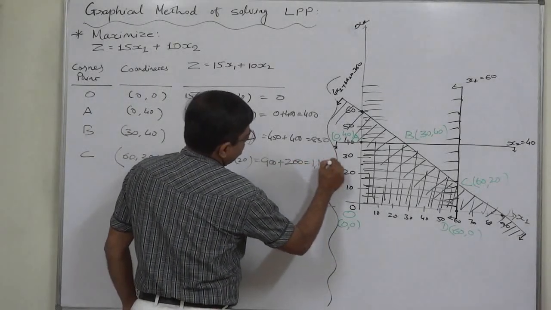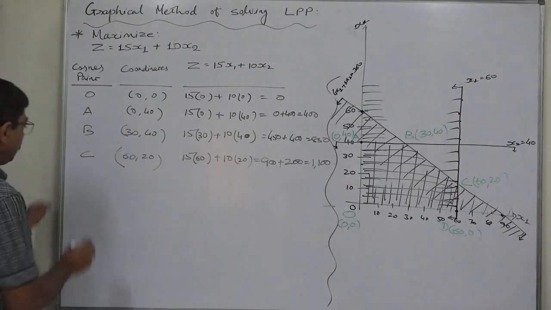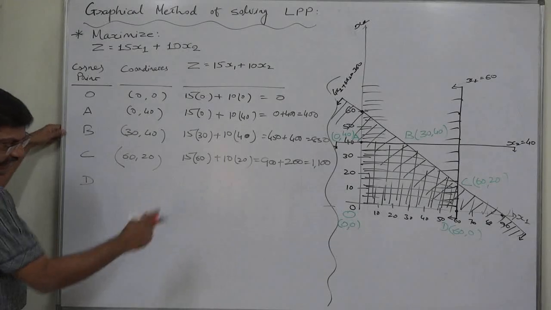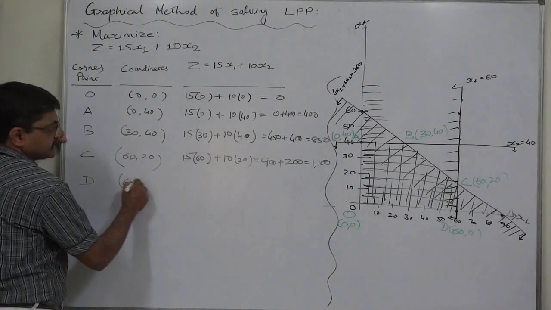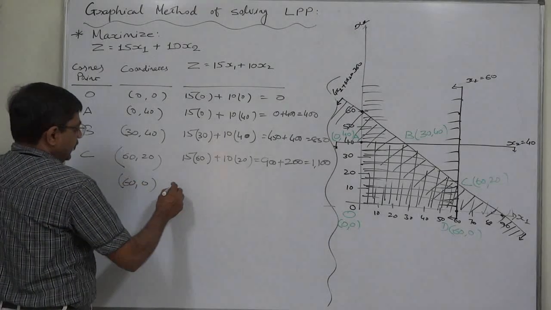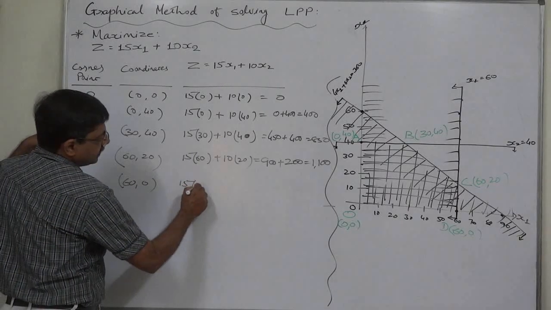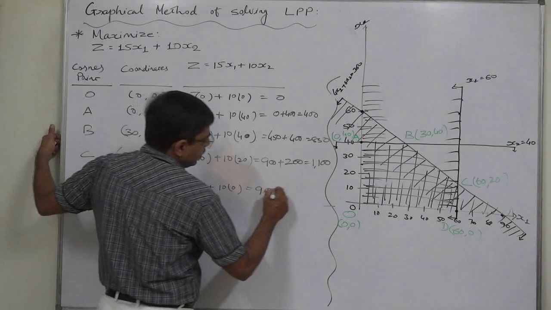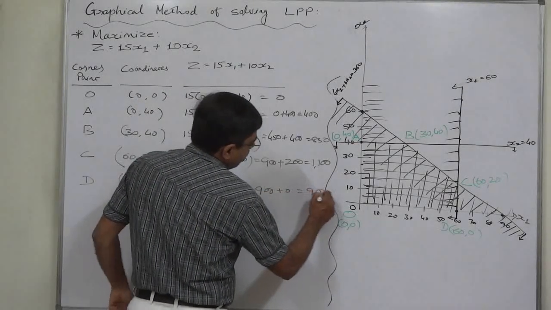It takes value 1100. And the last corner point or vertex is D, that is 60 and 0. 15 into 60 plus 10 into 0, so it will be 900 plus 0 equals 900.